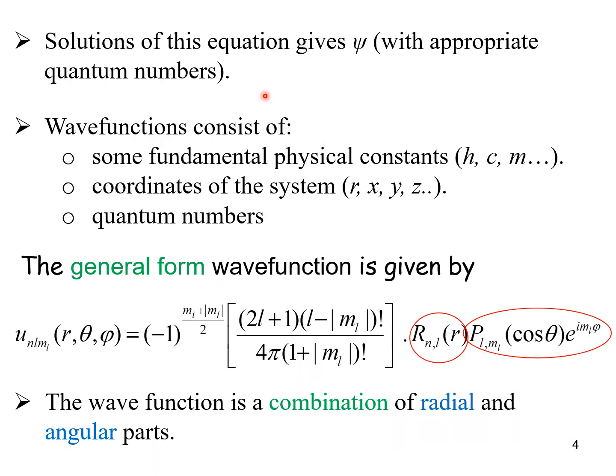The solution of this Hamiltonian equation gives us the wave functions psi, along with some appropriate quantum numbers. The wave functions themselves are complex mathematical expressions that consist of three main components, some of which involve fundamental physical constants such as the Planck constant, the speed of light, the coordinates of the system, and some appropriate quantum numbers.